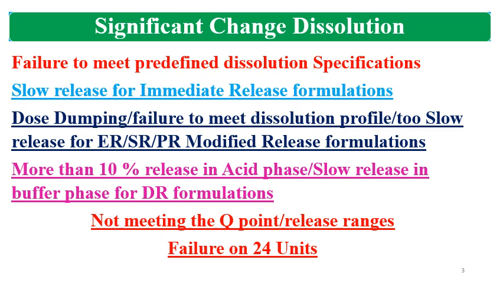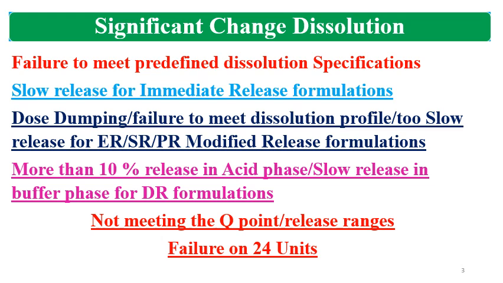For example, if you set the Q point of ATQ and it is not reached in the defined specific time, let's say 15 minutes or 30 minutes, then you can say that the dissolution is failing.